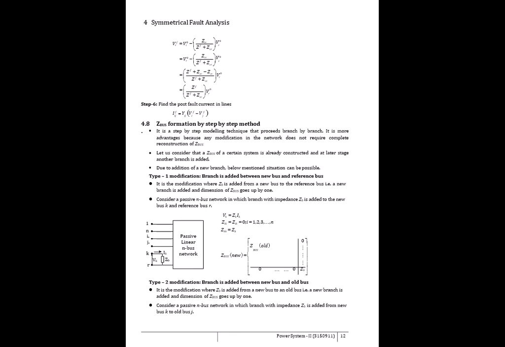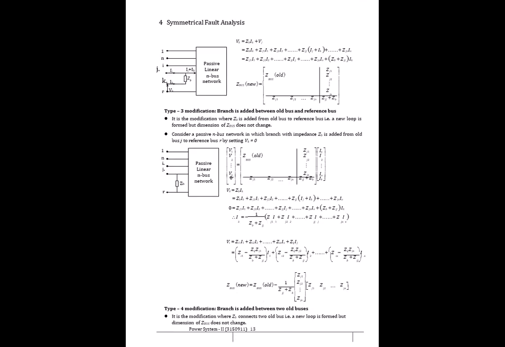Then we saw some algorithms for the short circuit studies, and then we studied what types of modification occur when Z bus is going to change. Type 1 is when a branch is added between the new bus and the reference bus. Type 2 modification is a branch added between new bus and old bus. The third type is a branch added between old bus and reference bus.